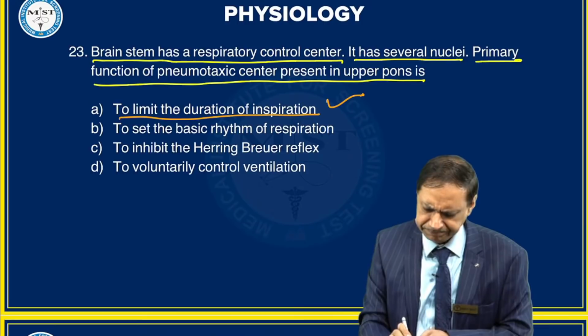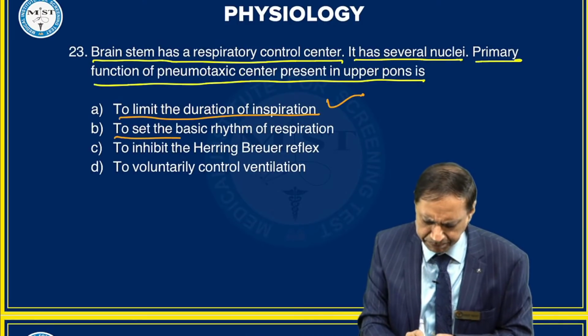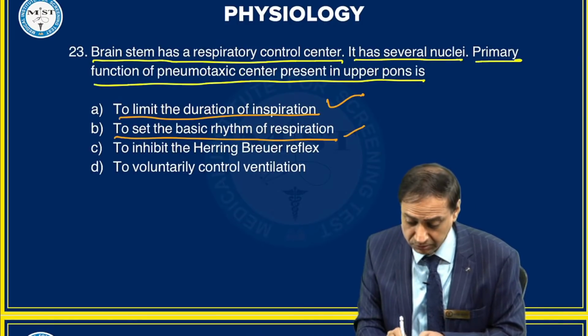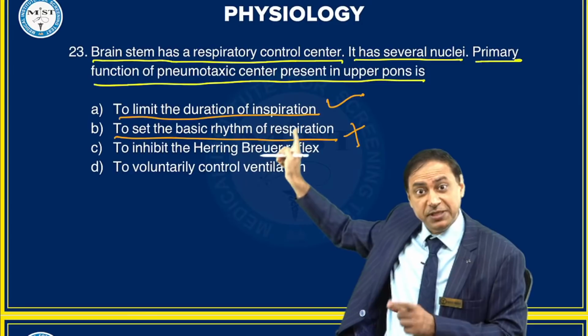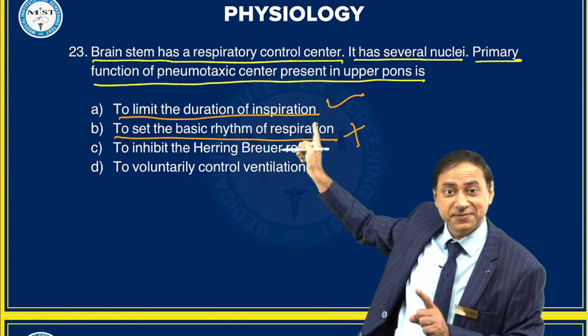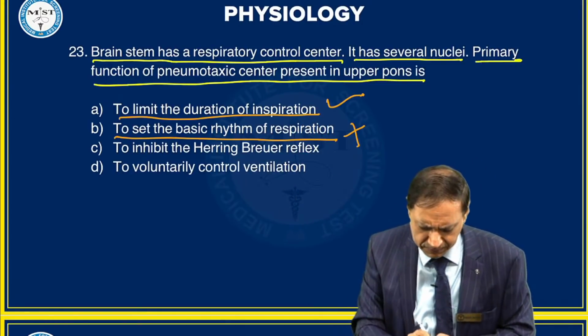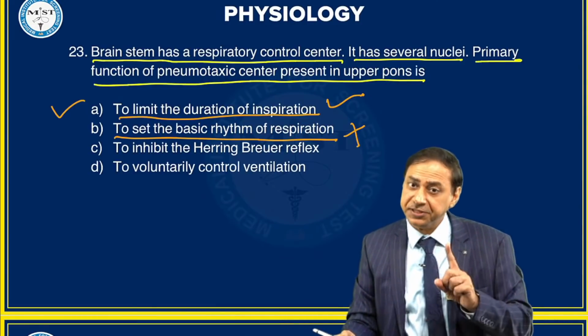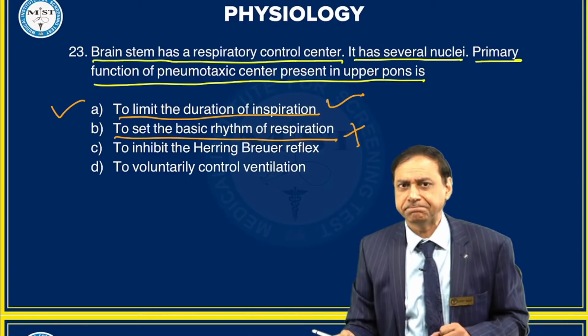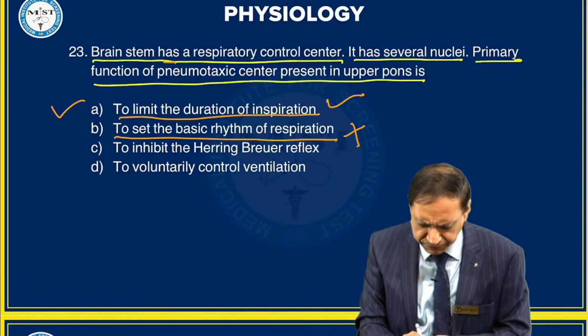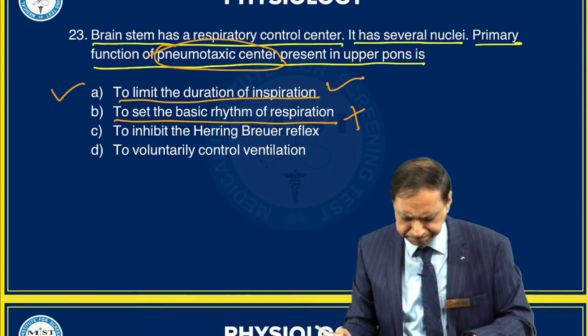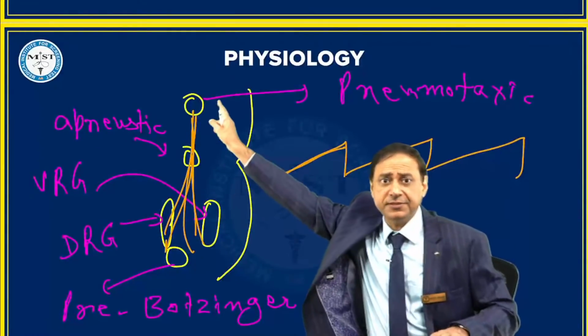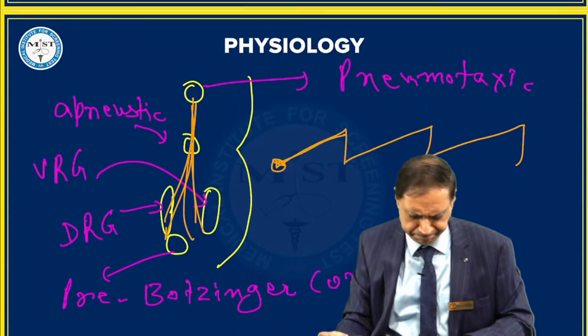To set the basic rhythm of respiration, no. This is the function of the pre-Bötzinger complex. So this is the answer here. It will limit inspiration. This is the function of the pneumotaxic center.